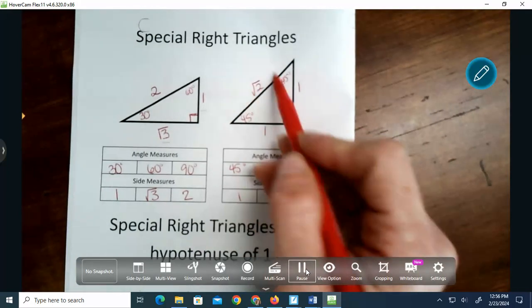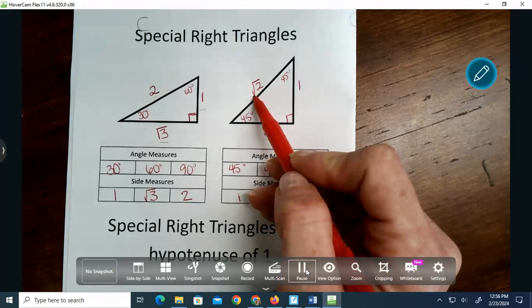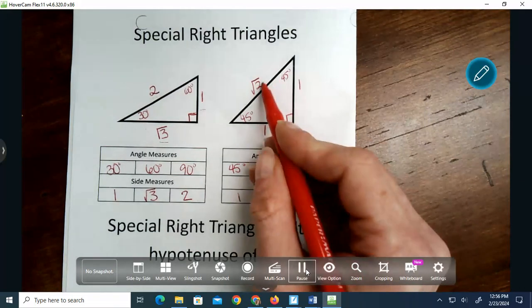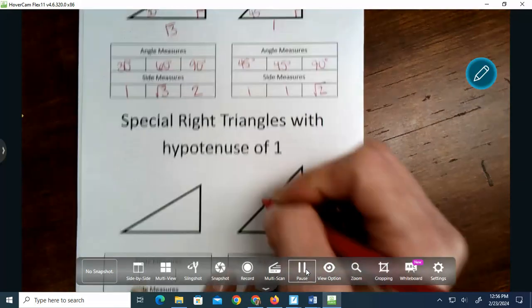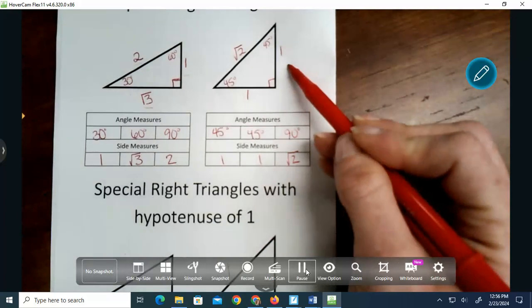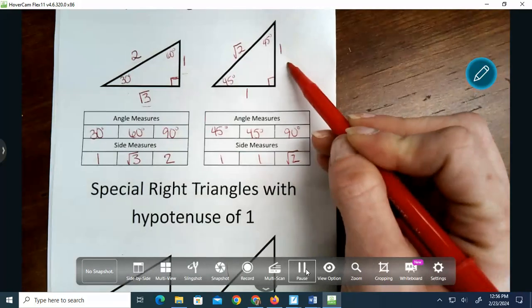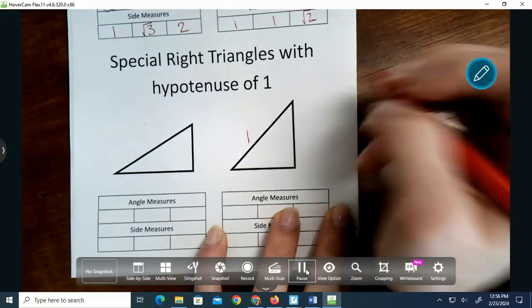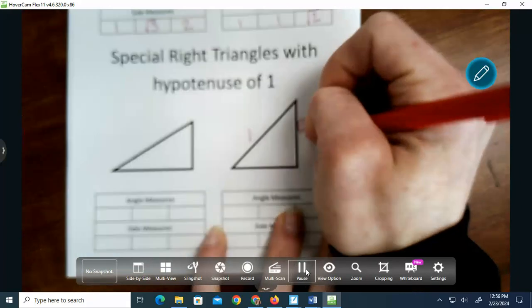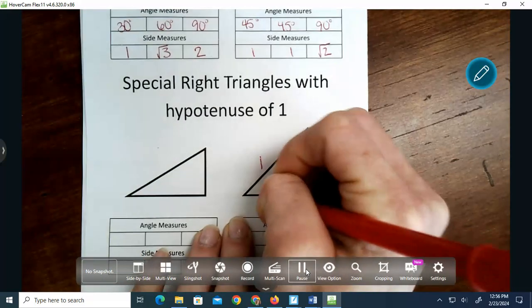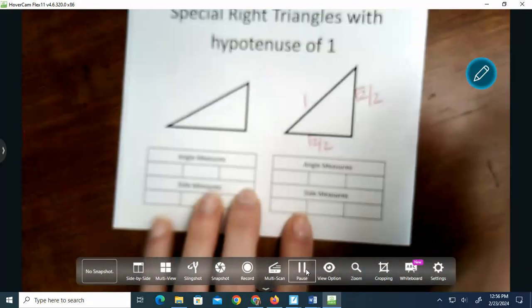The radius is your hypotenuse. What would we have to divide that by? Square root of 2. So if we divide that by the square root of 2, we would get 1. 1 divided by the square root of 2 would turn into radical 2 over 2. So both of those are radical 2 over 2.